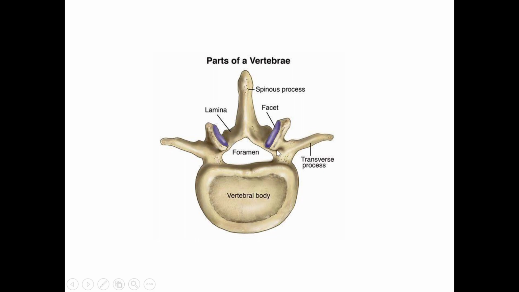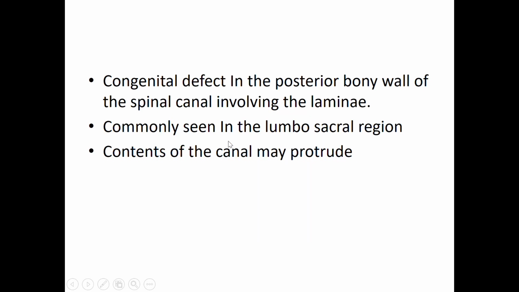This defect is commonly seen in the lumbosacral region, and because of this defect, if there is a hole, the contents may protrude or escape. Revising again, it is a congenital defect in the posterior bony wall of the spinal canal involving the laminae, commonly seen in the lumbosacral region, and contents of the canal may protrude.